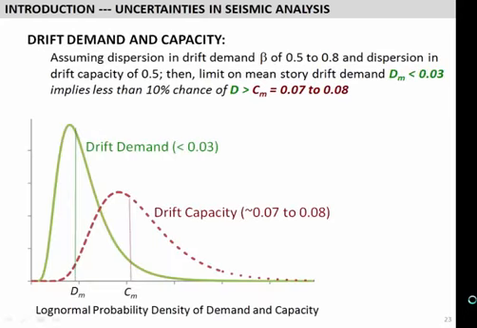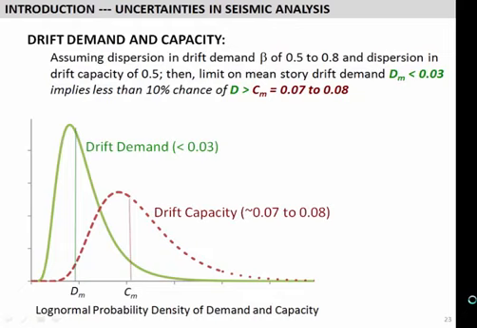Now thinking of the drifts, taking that example a little bit further, if we believe there's a drift capacity that we could define, and there's some dispersion in what that capacity is, then you could again look at this 3% limit on our mean drift. When you factor in the dispersion both on the capacity and the demand, that's essentially saying, if you have a mean capacity of 7 or 8% drift limit, then by checking the 3%, you have a less than 10% chance of exceeding that.